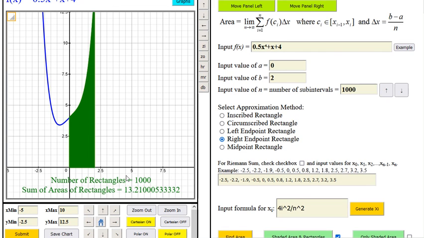We filled it up with 1,000 rectangles, and we got 13.21. The exact answer is 13.2. And so as n, the number of rectangles or subintervals, gets larger and larger, this number right here will approach 13.2. And that's the exact area of the shaded region, 13.2.